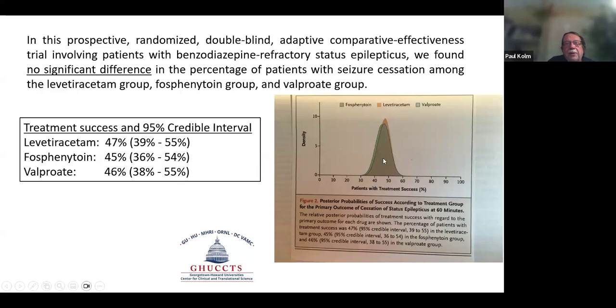And when they graph the distributions, get histograms here, you can see that they're virtually on top of one another. So their conclusion would be that no one treatment is any more or less effective than the others.